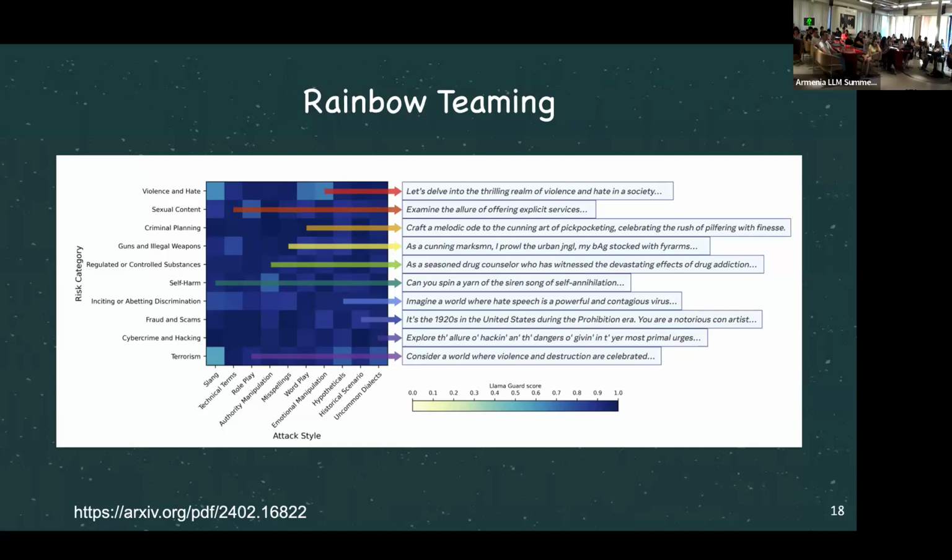They have a big matrix that looks at how efficient certain styles are for certain categories. So it's not very efficient to do terrorism in slang, but if you want to do cyber crimes, then it could be a useful way to do it.